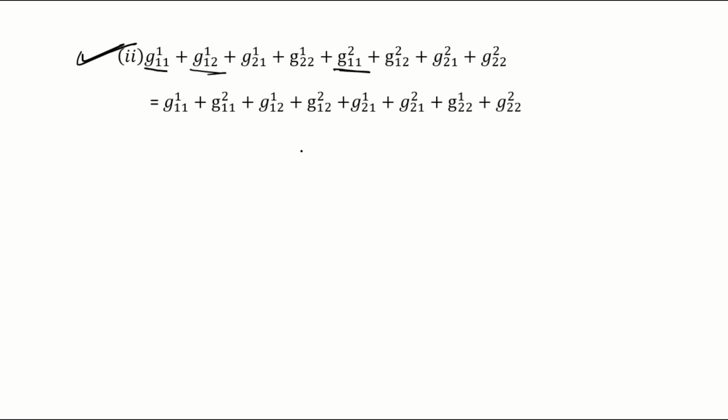Here also we have a term with the same subscript. The superscript is changing but the subscript is the same. So the terms which share the same subscript, I am combining them. First I write the terms with subscript 11, then the terms with subscript 12, then the subscript 21 terms, and then the subscript 22 terms. Now I am combining these two terms. As you can see, 11 is fixed in both, so g11, and from 1 to 2 it is changing.